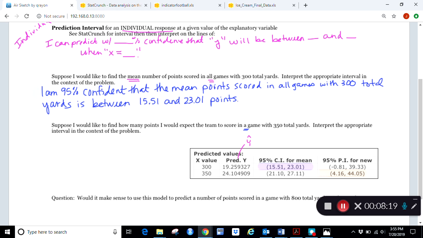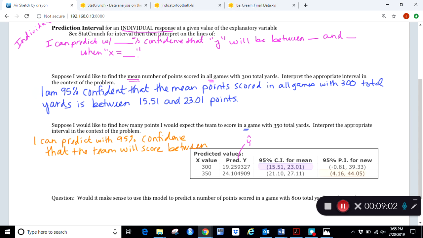Now let's move to our prediction interval for that 350-yard game. So I then can predict with 95% confidence that the team will score between.